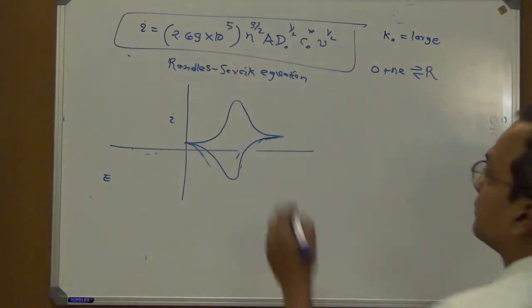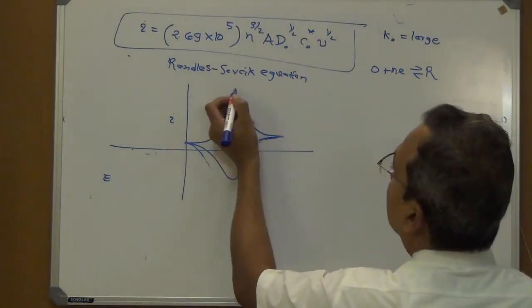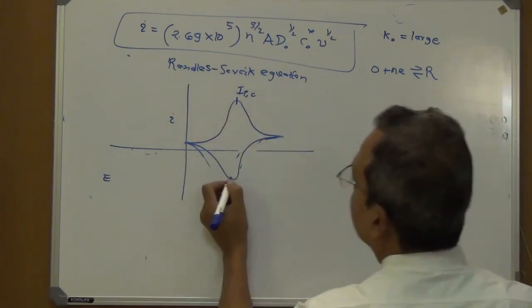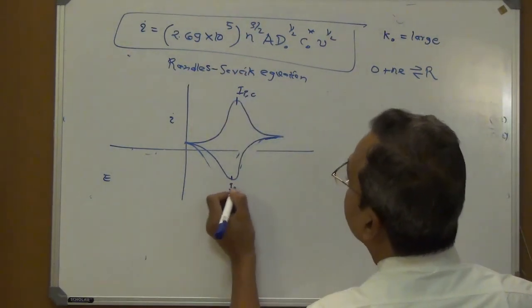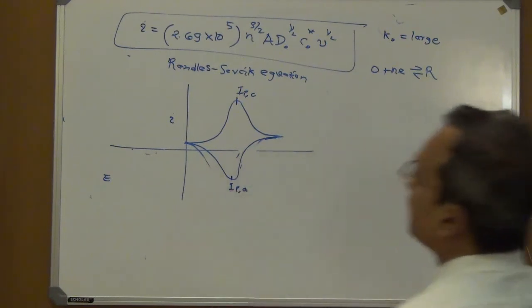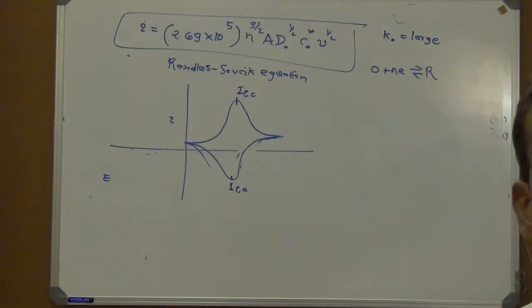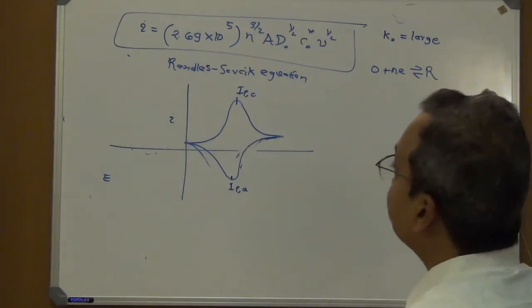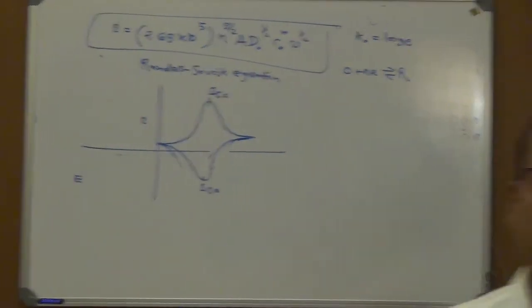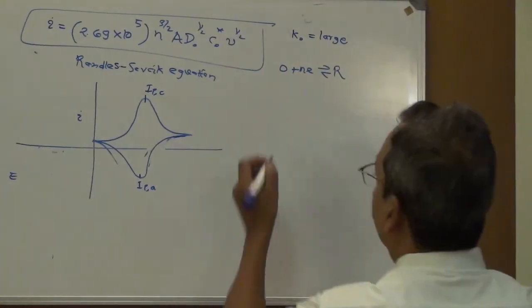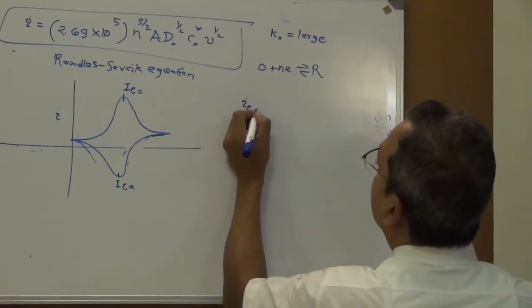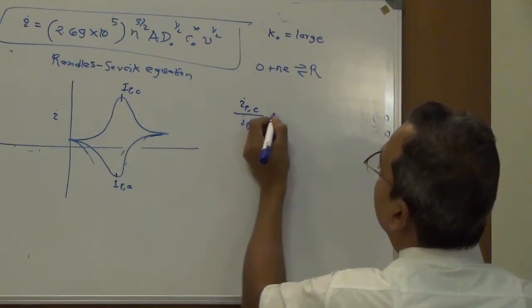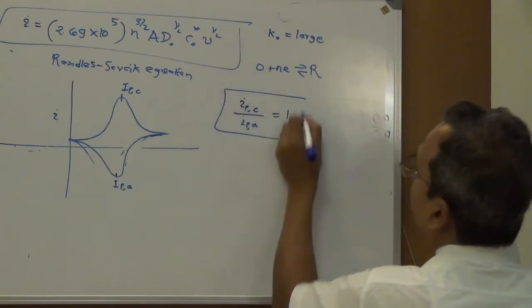This is the IP cathodic, and what is this? IP anodic. Peak cathodic current and peak anodic current. Since my process is reversible, my forward peak current is equal to my reverse peak current, so the ratio is going to be 1.